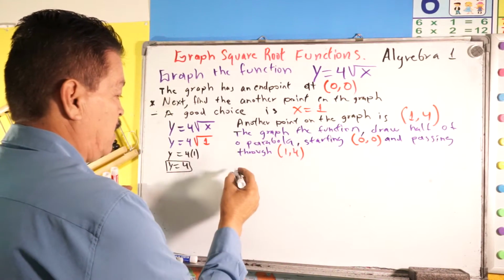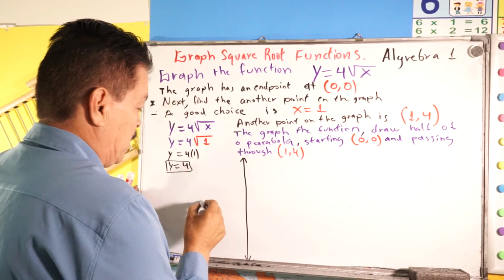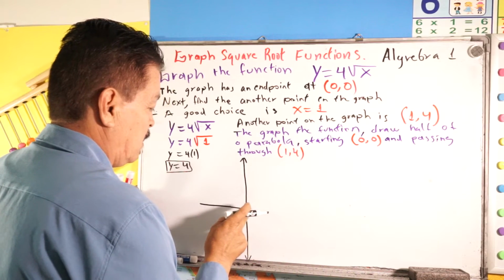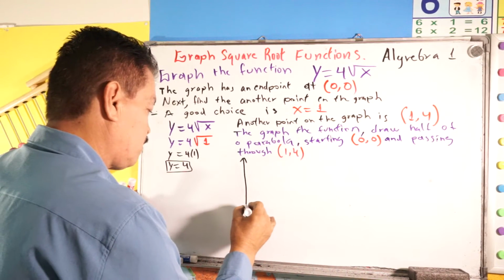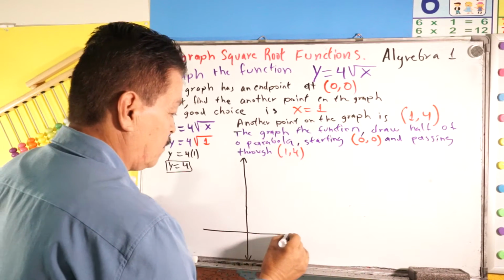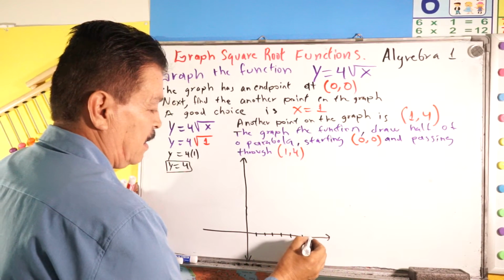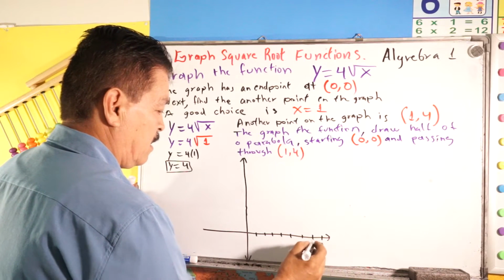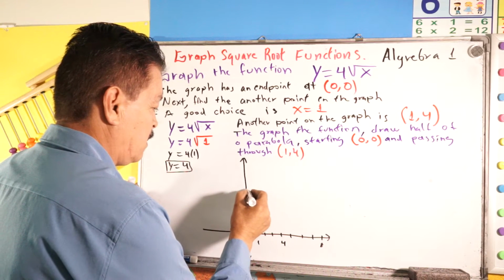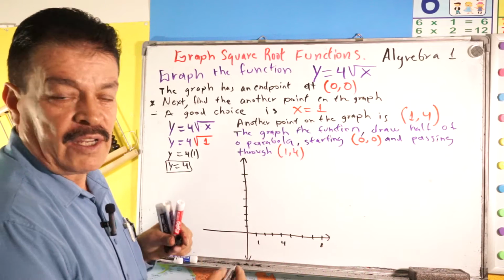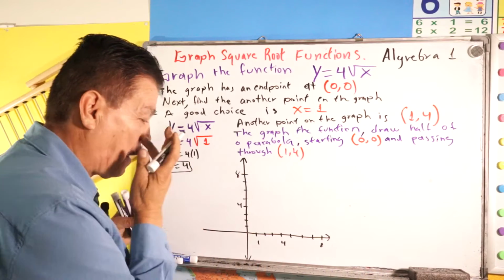Let me make the graph right here. This will be my graph. I count 1, 2, 3, 4, 5, 6, 7, 8 on each axis and mark the points I needed.